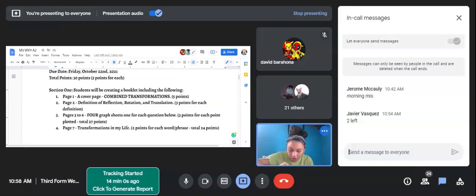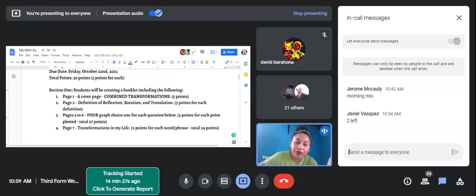I want to see the definition, and you are going to get 3 points for each definition. If you want to be even more creative, you can insert a picture. You can copy the pictures that I have in the PowerPoint and put them as an example to elaborate more on your definition. But it's 3 points for each definition.